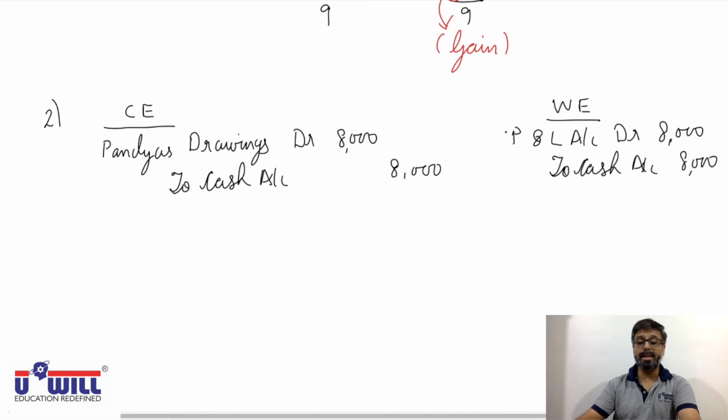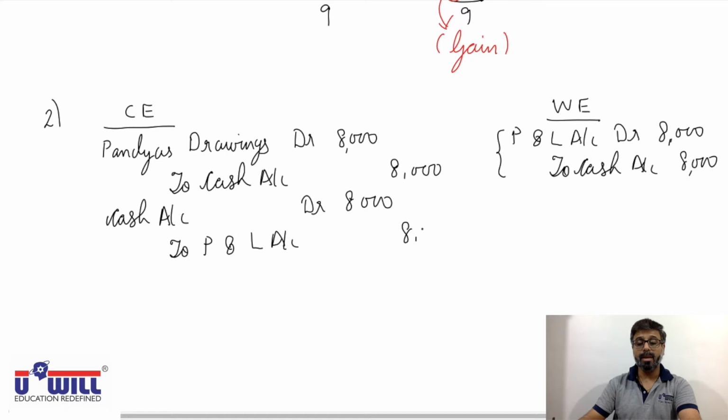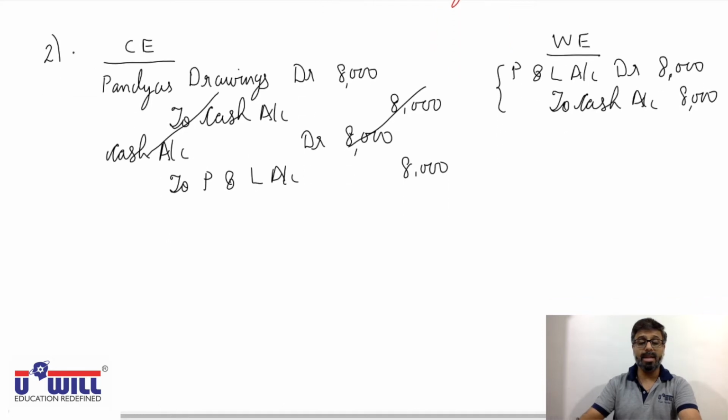Now pass the correct entry, reverse the wrong entry. If you reverse this wrong entry, P&L to cash, it will become cash account debit to profit and loss account 8,000. Now cash, debit and credit gets cancelled. So what is the combined entry?